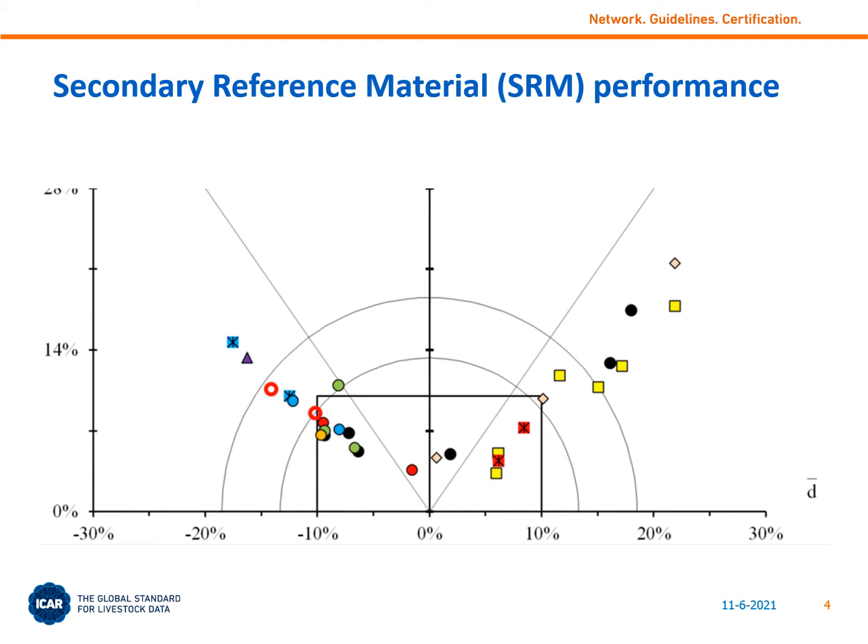In this slide, we can see that if we assign to each participant a color for the secondary reference material used, the results are usually grouped with the same color. It means that the instrument calibrations are adjusted with different secondary reference materials that are not traceable to each other, because until now a certified reference material was not available.